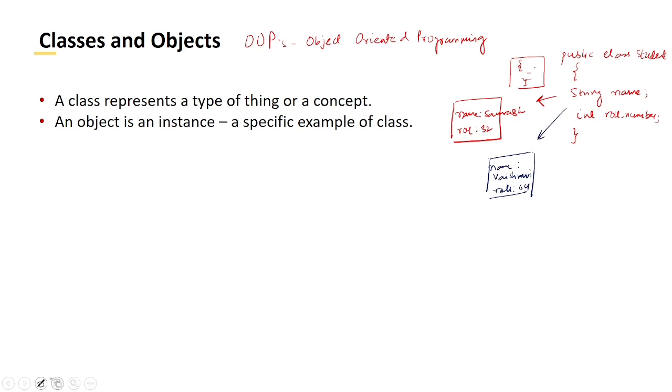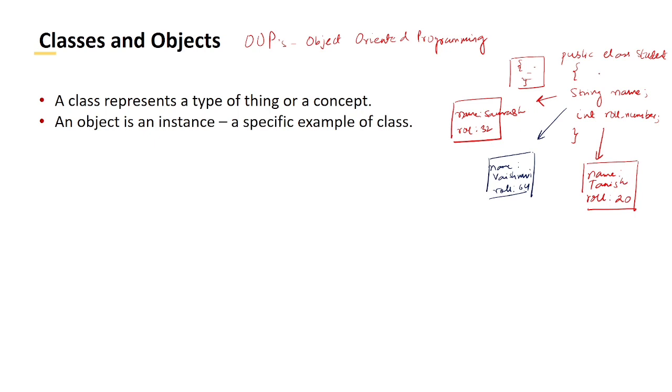Let's say there is another student, the name is Tanish and the roll number is, let's say, 20.